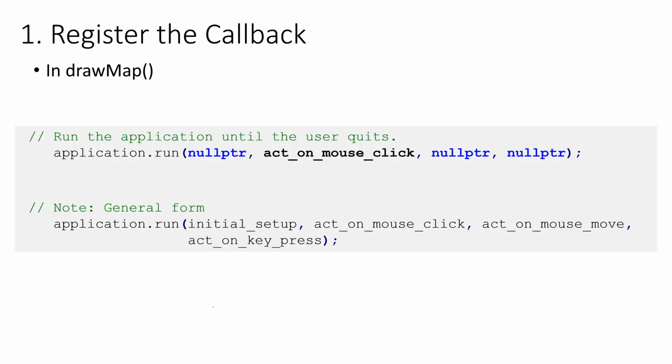Okay, so we already did this. We registered the callback. When we called application.run, we told it we want mouse clicks, call this routine. There are 4 callbacks. Just to tell you what they are, there's this act on mouse click, but there's another one for initial setup. Initial setup is useful if there's something you want to do right after the window pops up.